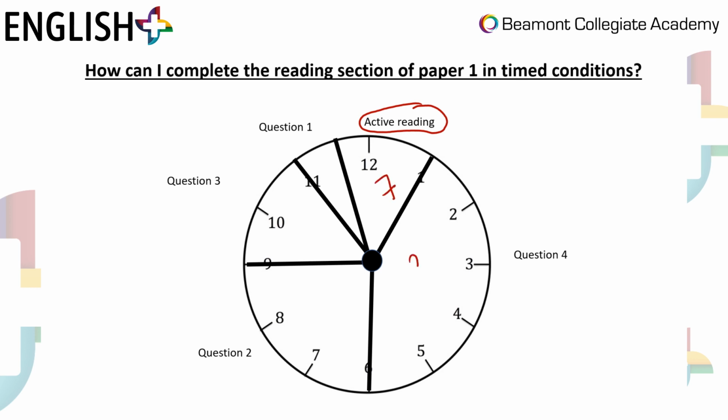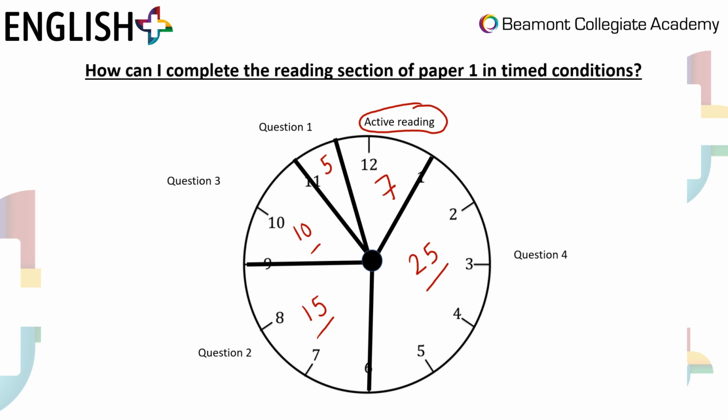Then you've got 25 minutes for question 4. That is a 20-mark question, and it is really important that you do them in this order. We are going to practice them in this order today, but we have taught you this order specifically so that you can get as many marks as possible. Then we've got 15 minutes for question 2, 10 for question 3, and then there's 5 minutes for question 1.